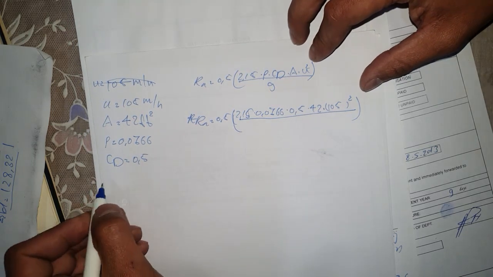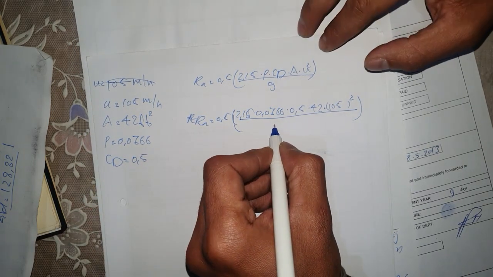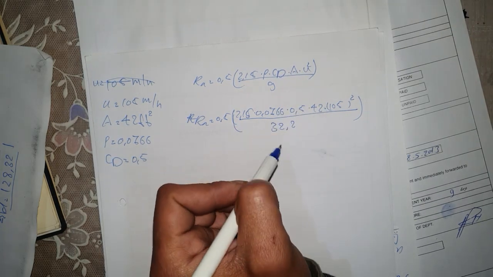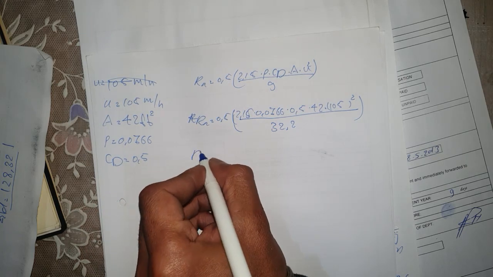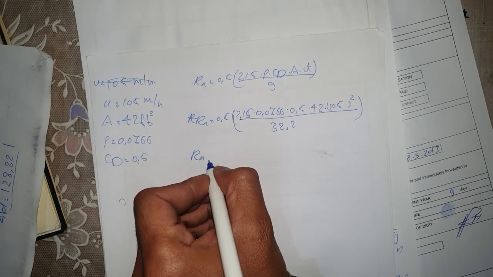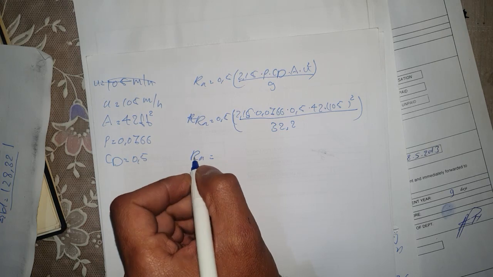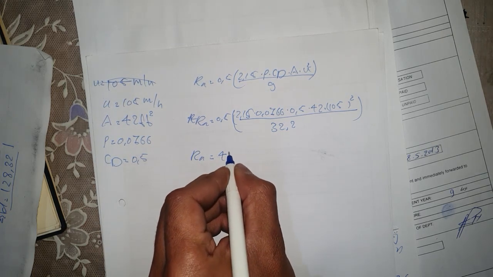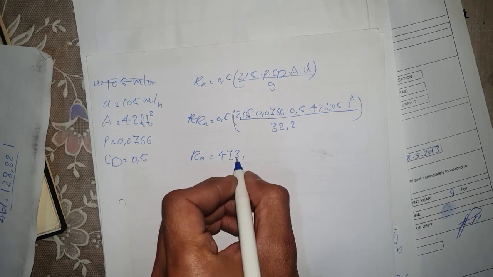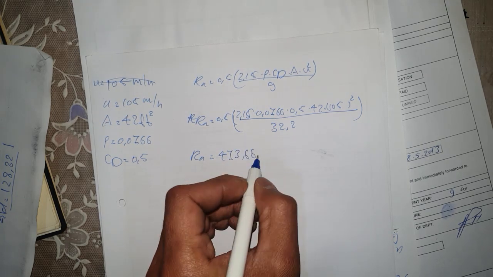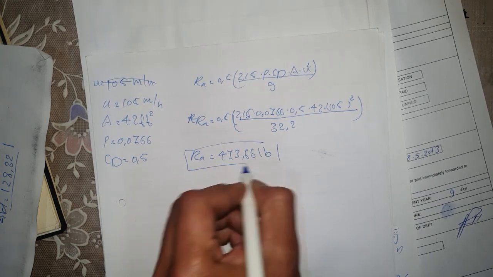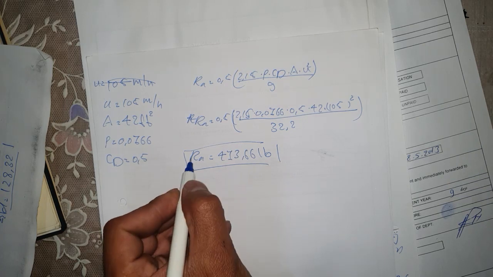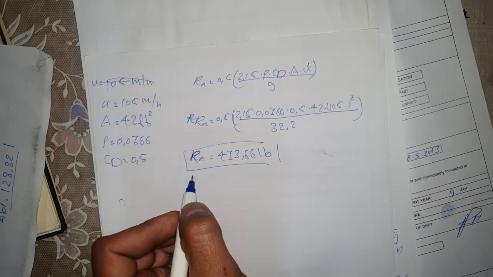We change that to feet, so it's 32.2. When we multiply and divide all those things, the final air resistance we get is 473.66 lb. So air resistance is a kind of force, so it's measured in lb and other units that we require for force. So that's all.